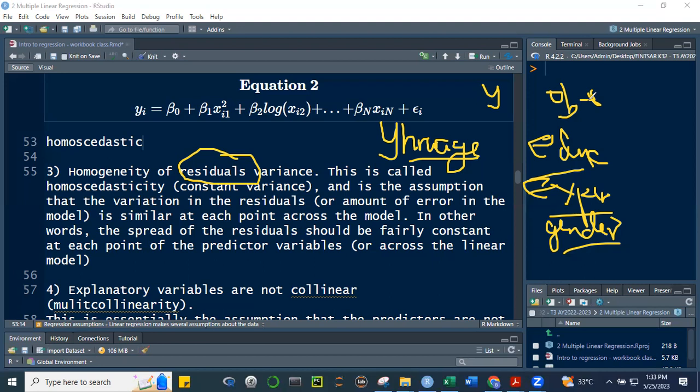Once we have the predicted value of Y, which we call Y hat, we compare it to the actual value, since observation number 1 has an actual value.